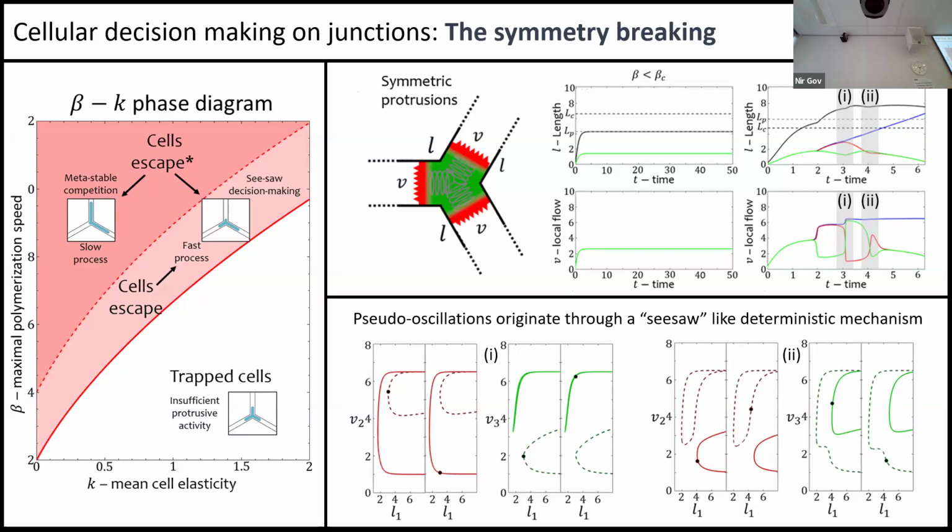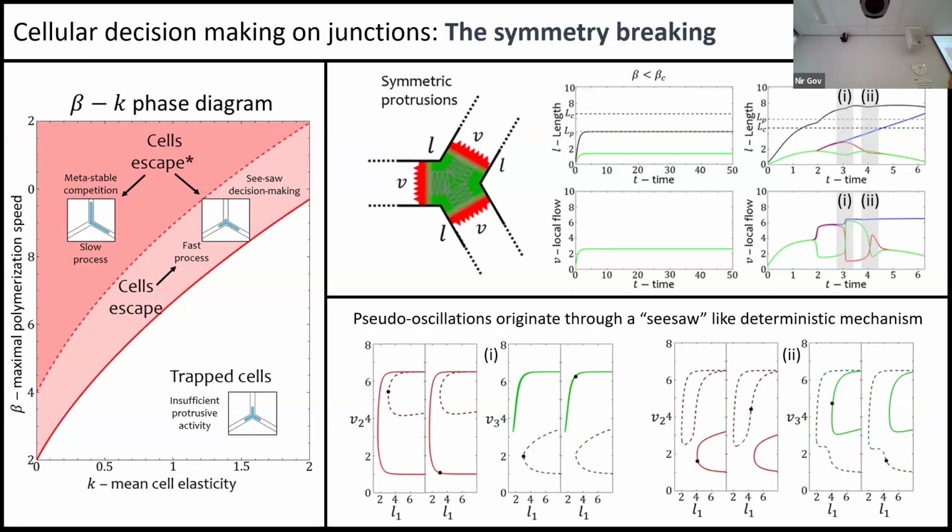They just grow three equal arms, and they cannot start moving. You remember that also for a one-dimensional line, we said that if the activity is too weak, they just elongate equally and stay without polarizing. Well, apparently, you need a stronger activity in order to get out of this trap. This is a stronger trap than just being trapped on a line. Then cells can actually move and escape the junction, like shown here.